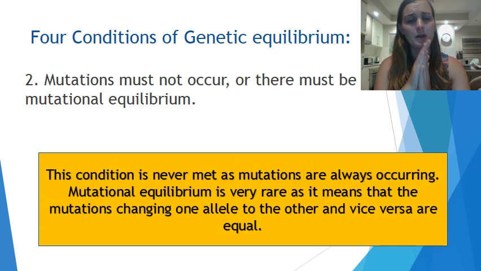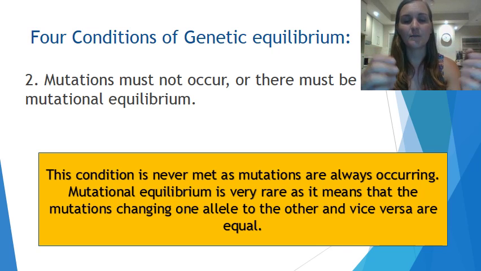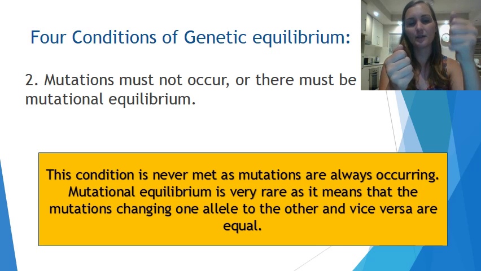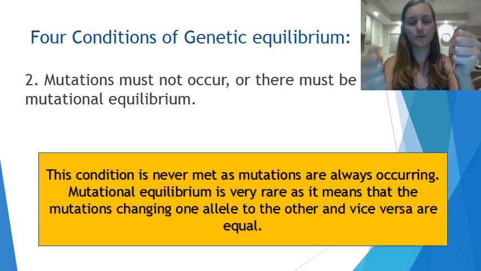Okay, number 2, mutations must not occur, or there must be mutational equilibrium. Now we know that mutations always occur. You can't stop mutations from occurring, so that condition is never met. Mutational equilibrium just means that if you have, for example, 2 alleles, this allele is mutating at the same amount as this one is mutating back to this allele, okay?